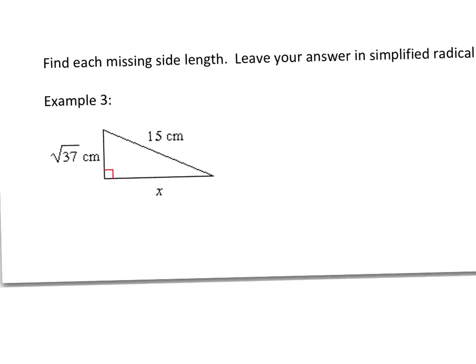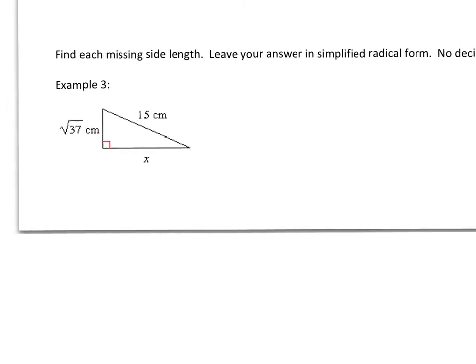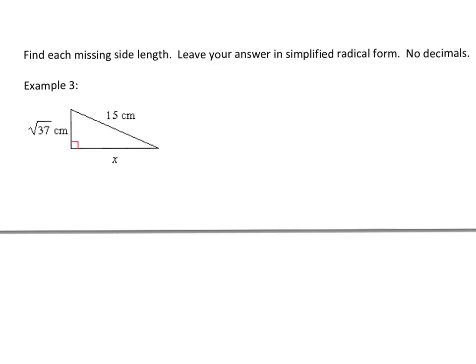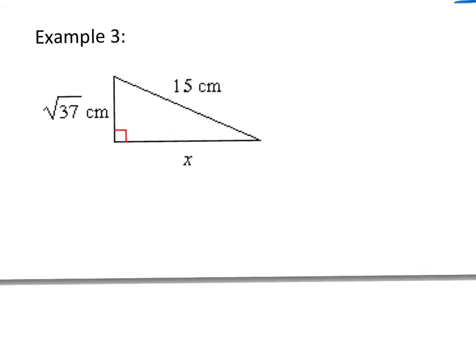Alright, another question, but we have different kinds of numbers here. Find each missing length, leave your answer in simplest radical form, which means no decimals. So we're back to our reducing. So we follow our pattern again and notice that these are the two legs. They make the right angle. So we would say root 37 squared plus x squared equals 15 squared.